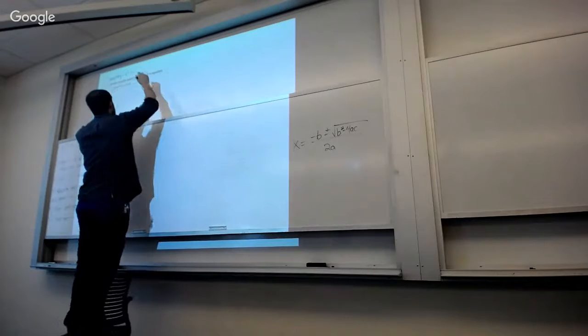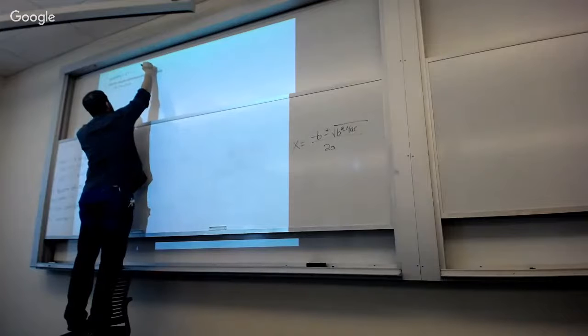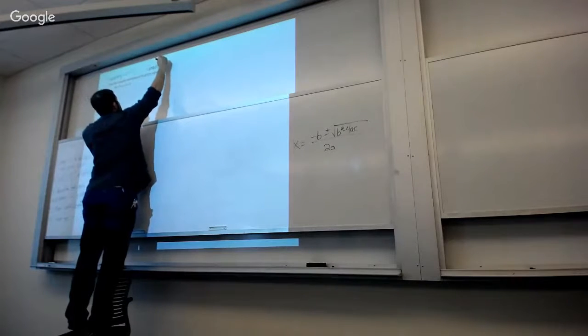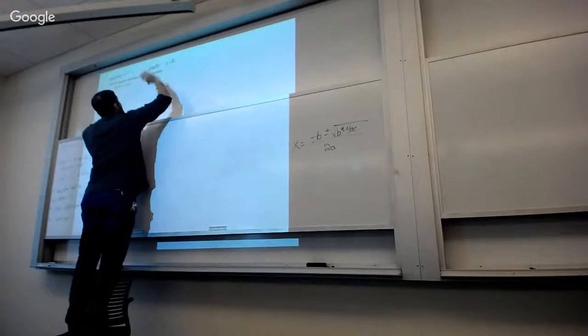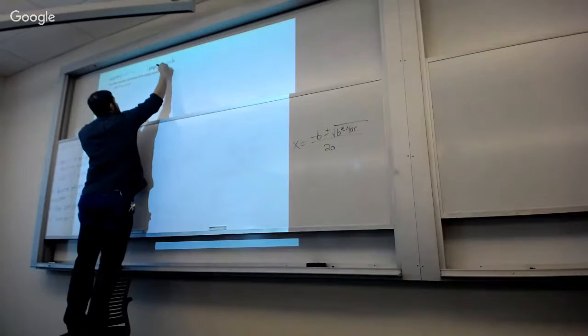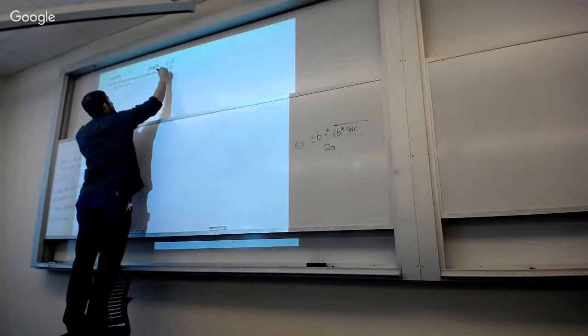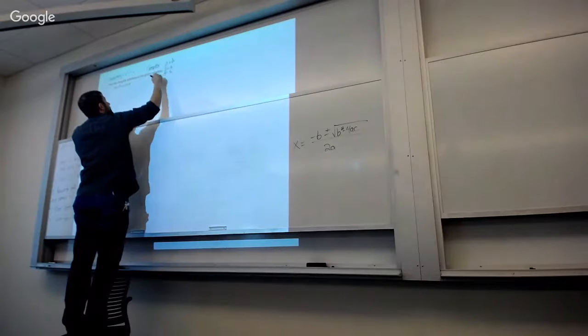So the word complex we use to refer to any number of the form a plus bi, such as 2 plus 3i, or 4 minus 5i, or -6 plus 7i.